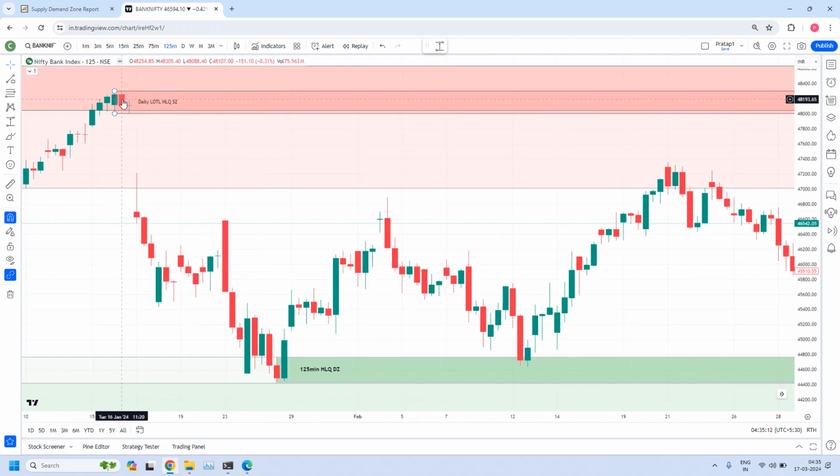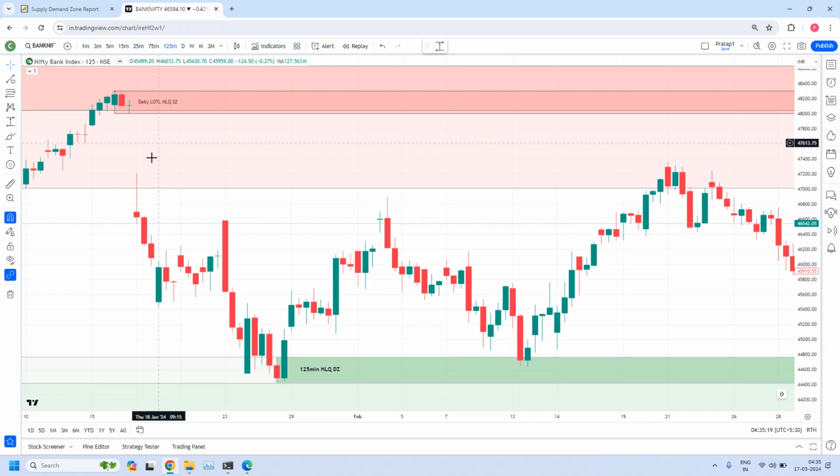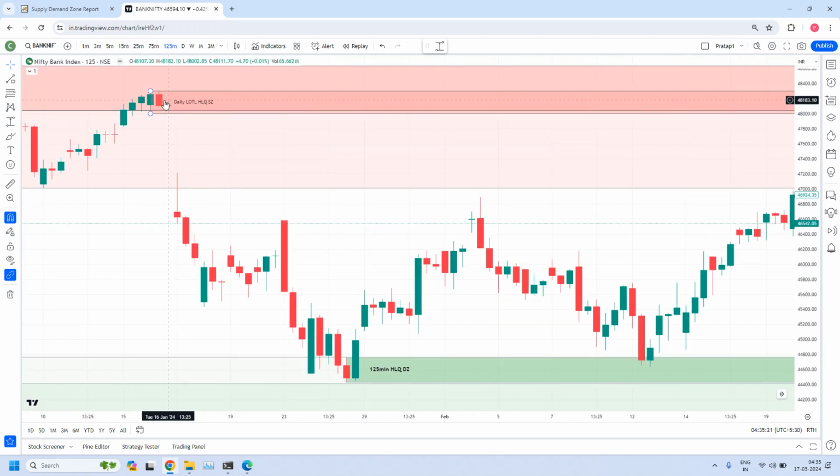Yeah, this is the one. 16th January 9:15. How many base candles? Two base candles. This is an LOTL HLQ zone. We have a high liquidity zone.